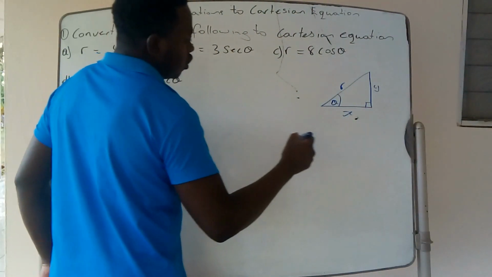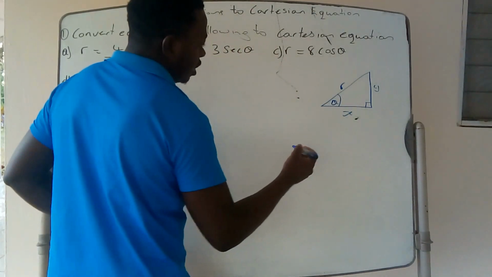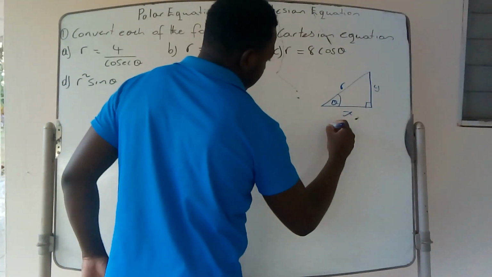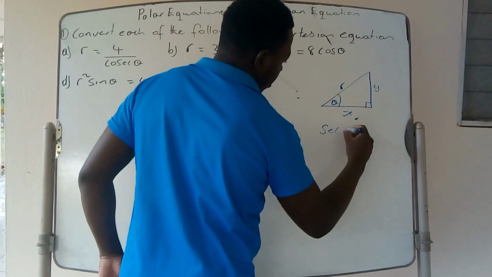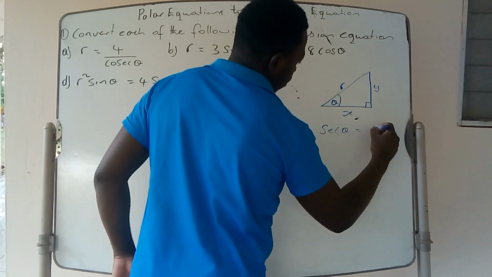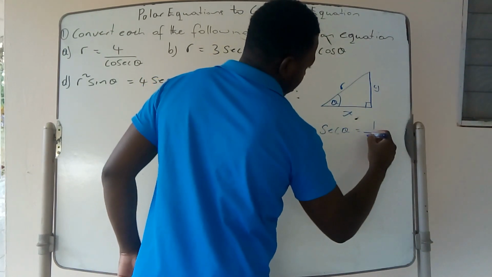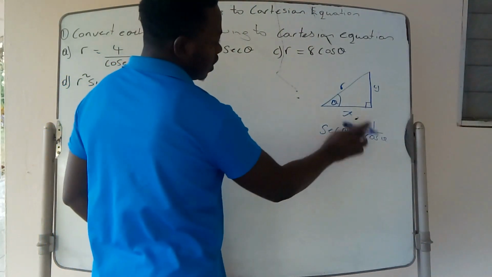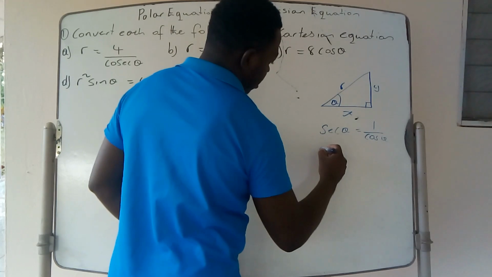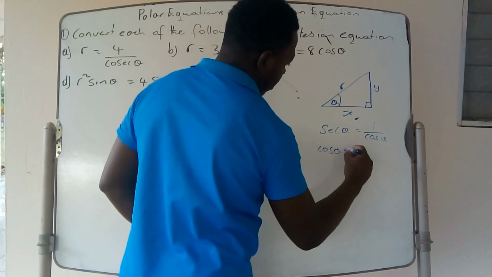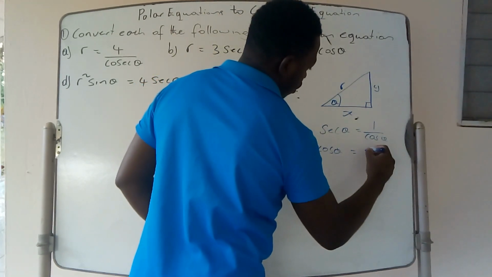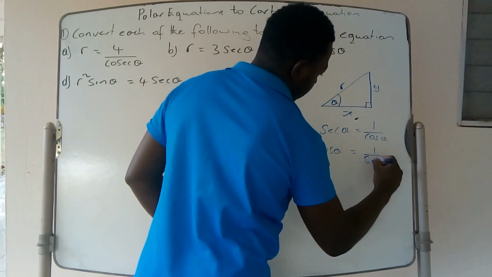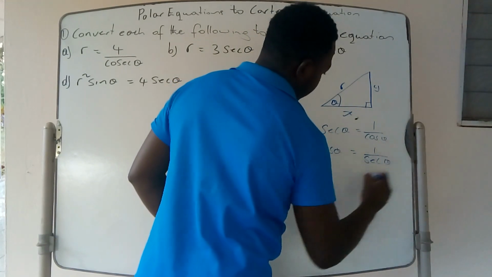You also need to recall a few trig identities. So you need to remember that sec theta is just equal to 1 upon cos theta, right? So this implies that cos theta is equal to 1 over sec theta.